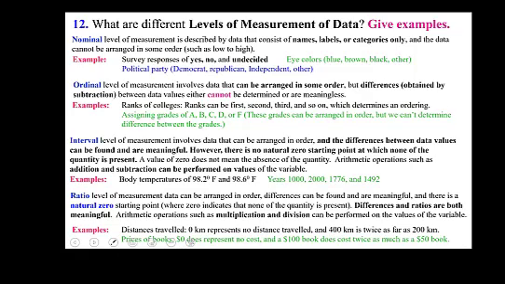Arithmetic operations such as multiplication and division can be performed on the values of the variable. Examples: distances traveled, 0 kilometers represents no distance traveled, and 400 is twice as far as 200 kilometers. Prices of books: $0 does represent no cost, and $100 does cost twice as much as $50.